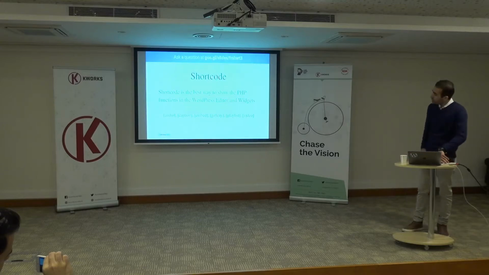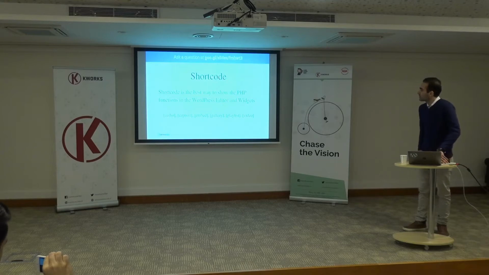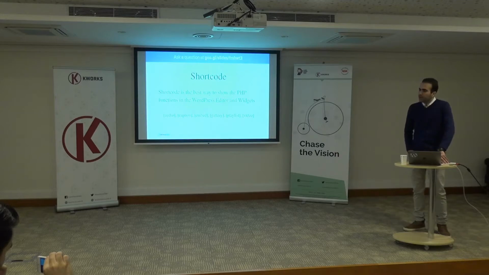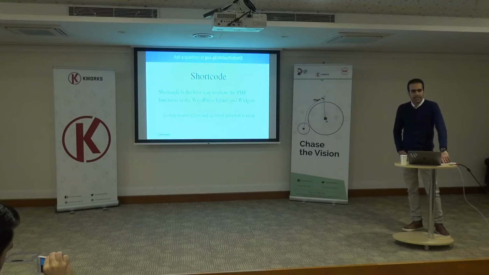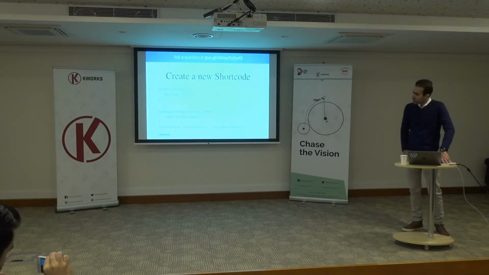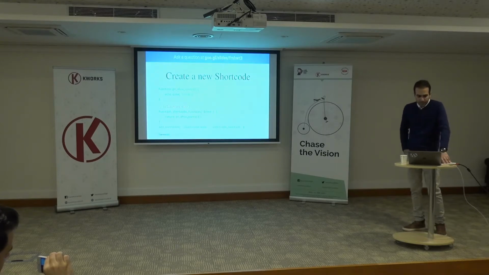Shortcode. Shortcode is the best way to show a PHP function in the WordPress editor and widget. For example, you can show your functions in the post, page, and text widget. You just have to do that. Look at the example.